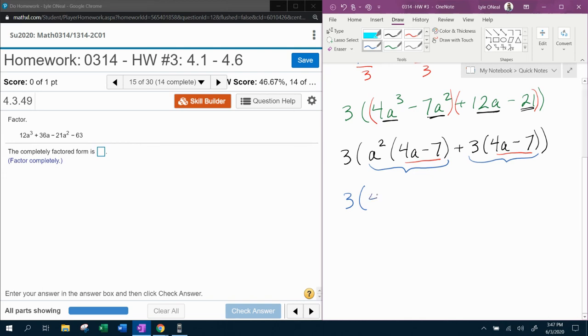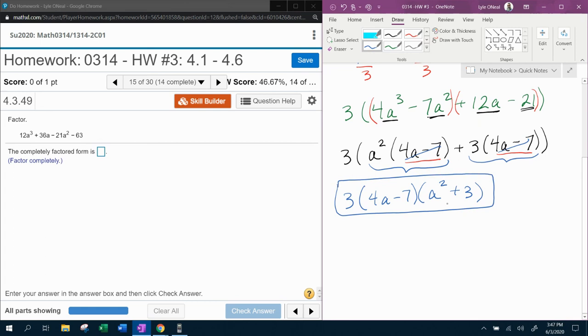Well, they have the 4a minus 7 in common that I'm going to factor out. So if I factor 4a minus 7 out of these 2 terms, what does that leave me with? Well, it leaves me a squared plus 3, and that is now factored completely.